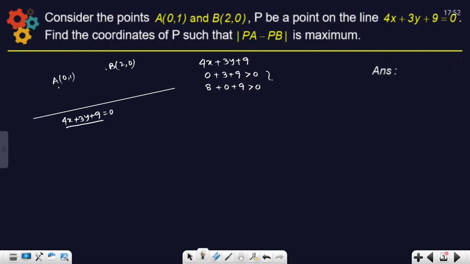So both of these points, when put in the equation, give us the same sign. And the same sign indicates that these 2 points are on the same side of the line.